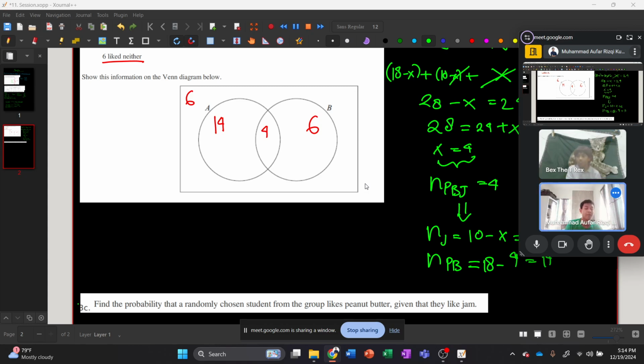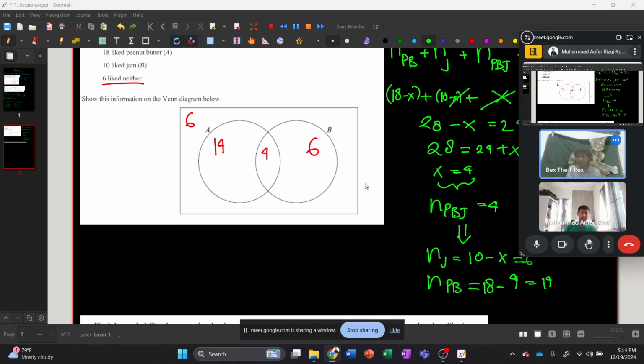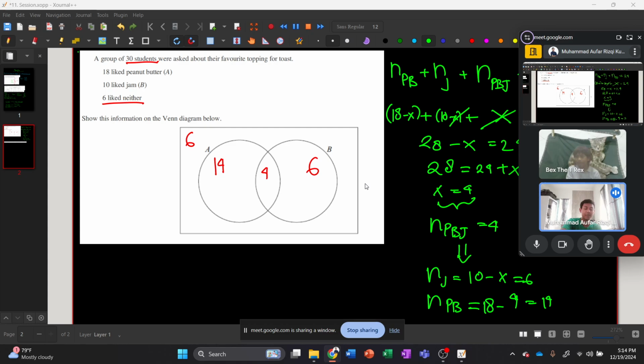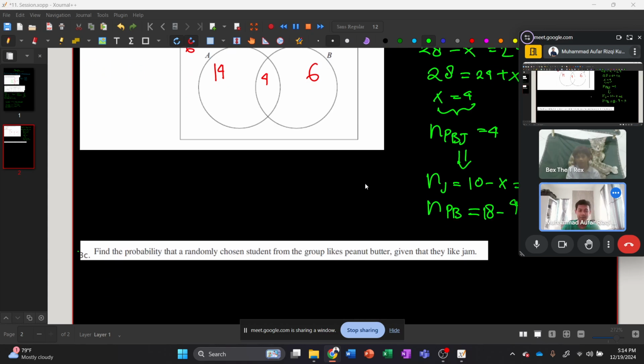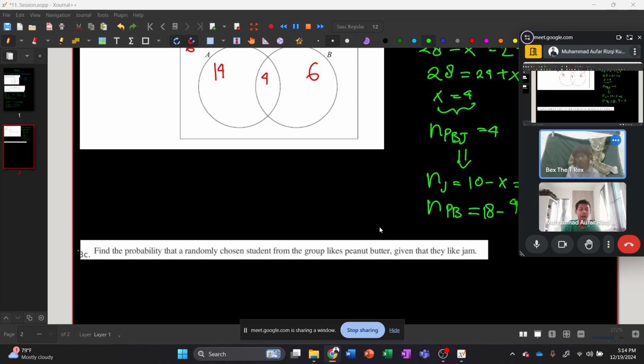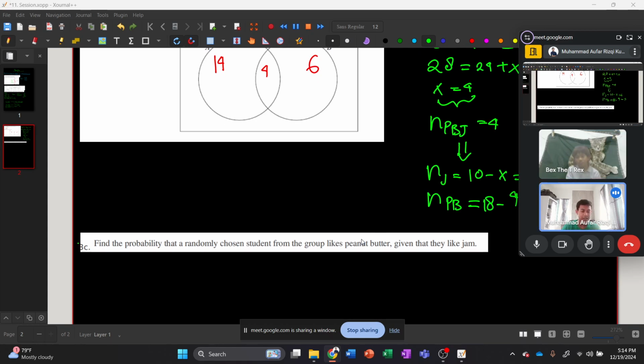So the probability will be 100%. Who's the 100%? 18. Nah, 18 is the number of people who like peanut butter. Now, we want to find.